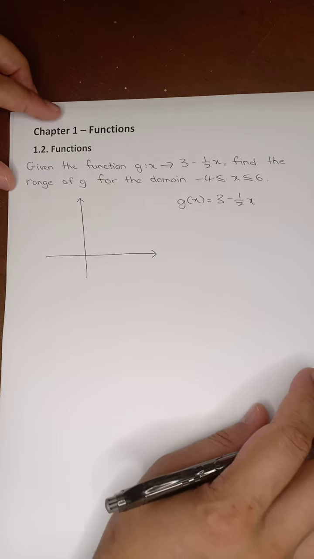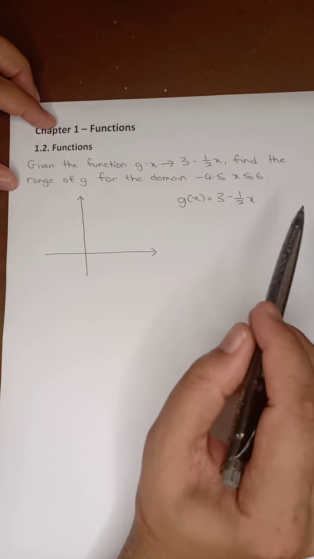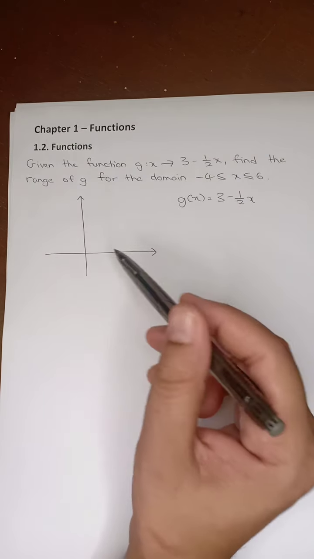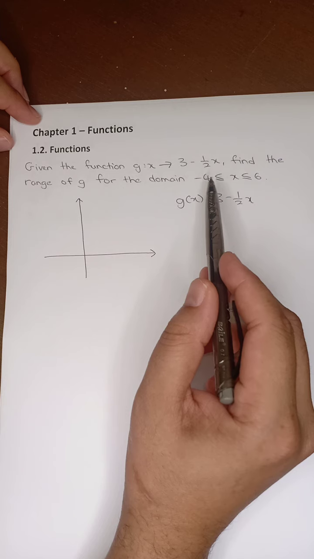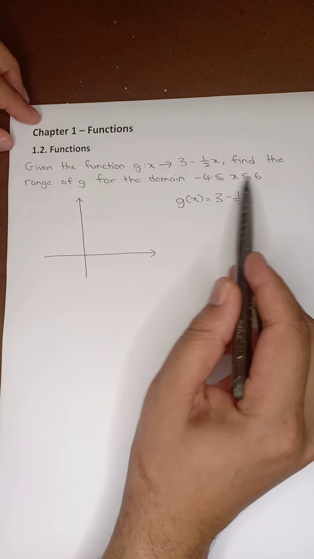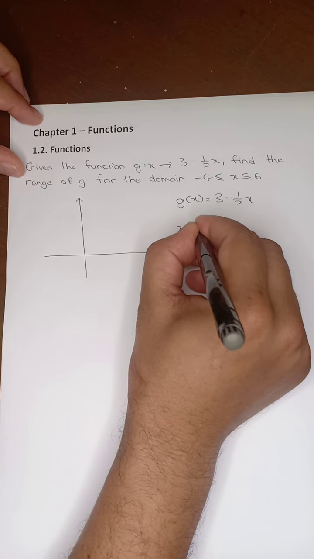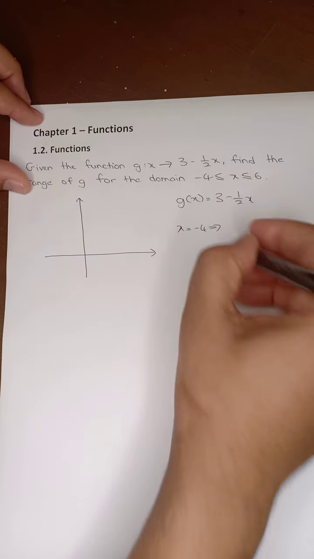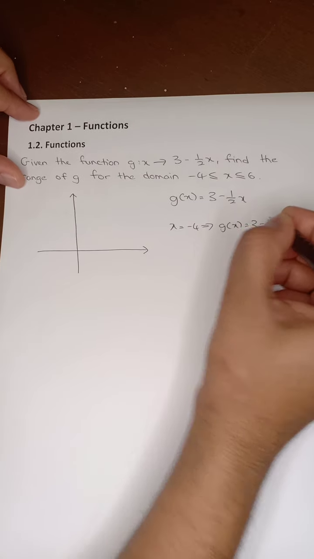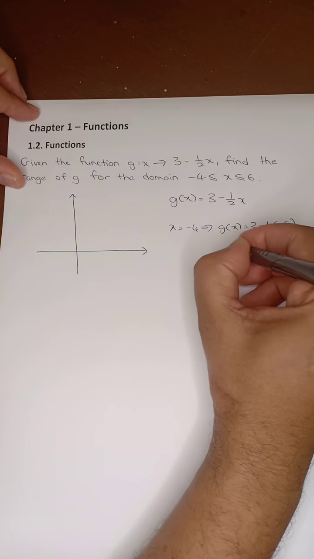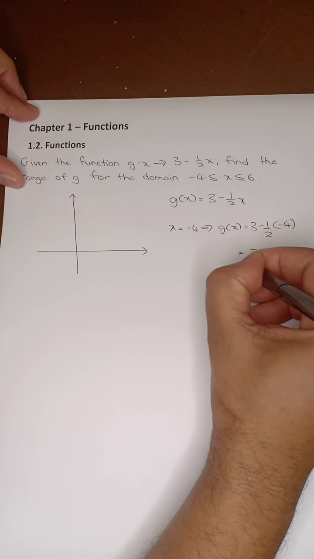Okay, we need to find some points on the graph so that we can plot it. What are the points? That's critical. You need to know which points you need to plot on the graph. I'll take the borders of the range, so it's -4 and 6. So I'll replace x equals -4. g(x) equals 3 minus 1 over 2 times -4, you get 3 plus 2, which is 5.